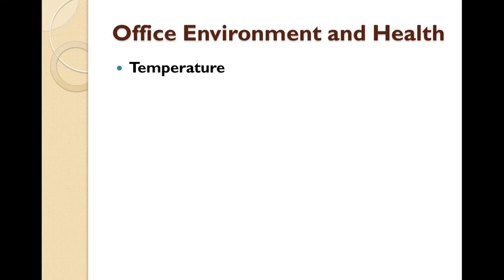So, now we have office environment and health. The office environment is the combination of lighting, temperature, humidity, air quality, and decoration. The office can be a healthy and comfortable place to work if the correct combinations of these elements are maintained. So first, temperature. A comfortable temperature must be maintained between 20 to 26 degrees Celsius. Office temperature can be localized.